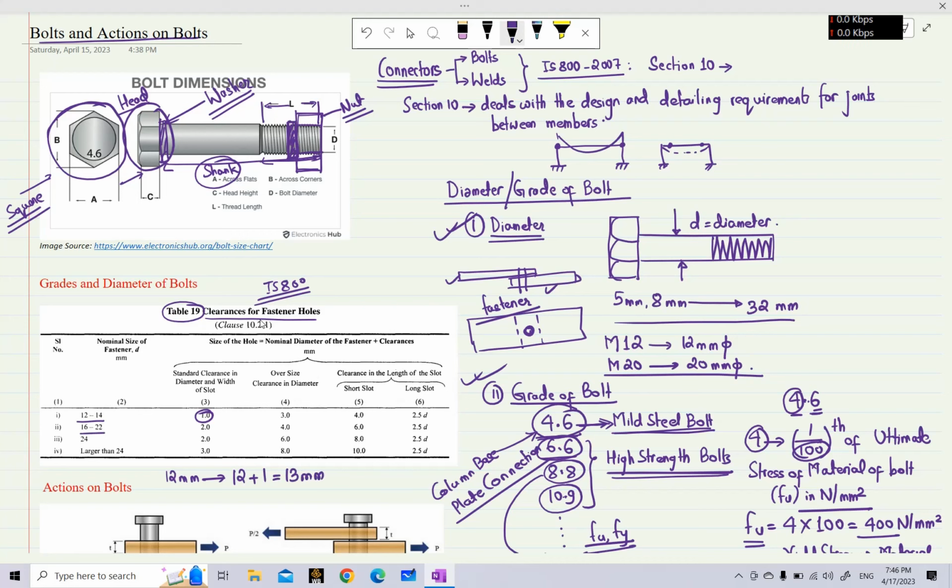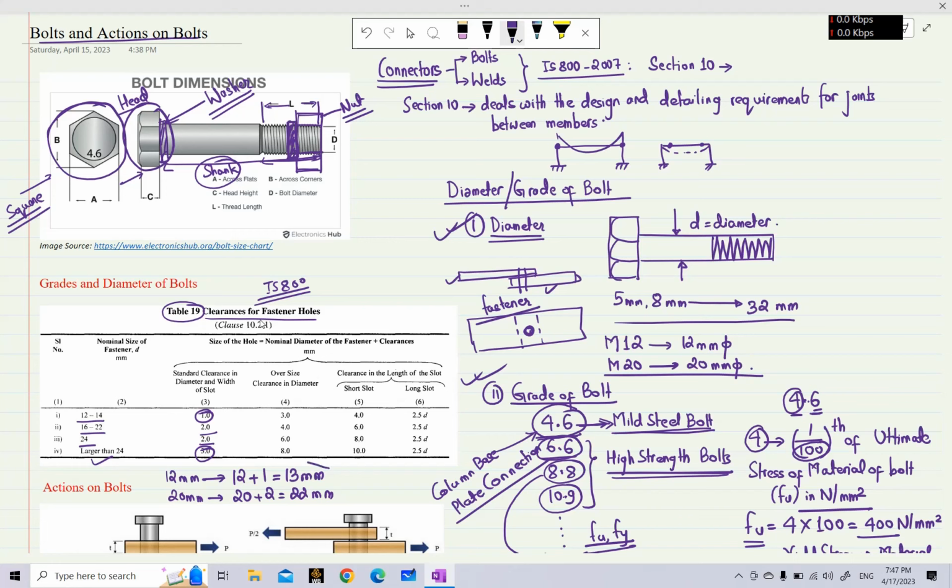Similarly, for diameter between 16 and 22, we take 2 mm. For example, if we have a 20 mm dia bolt, the diameter of hole for this 20 mm dia bolt is 22 mm. Similarly, for 24, we use the same value of 2, and larger than 24, we use the value of 3 mm. So this is the general discussion for clearance for fastener holes based on IS 800 code.